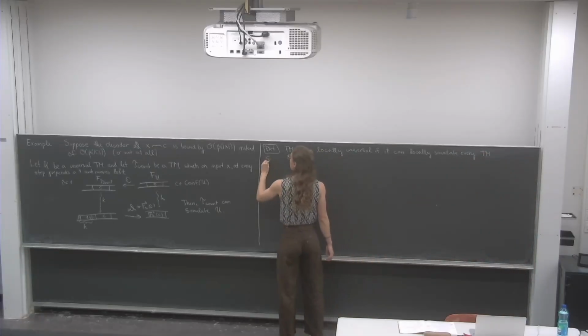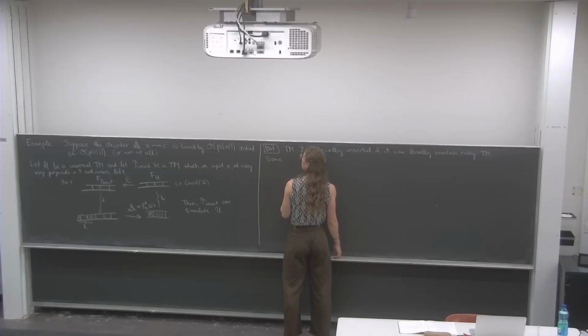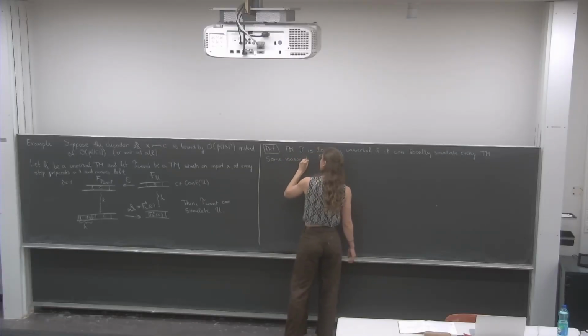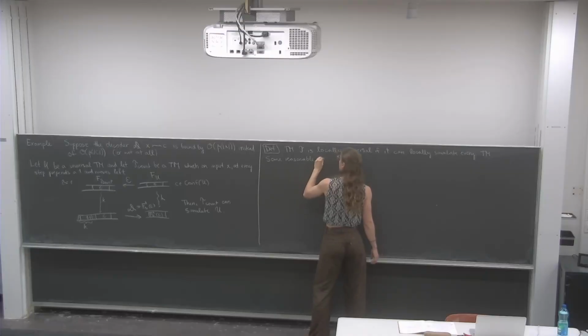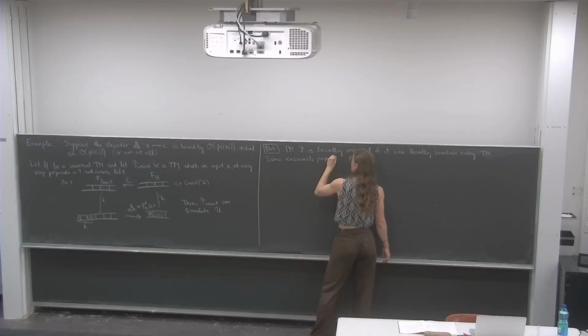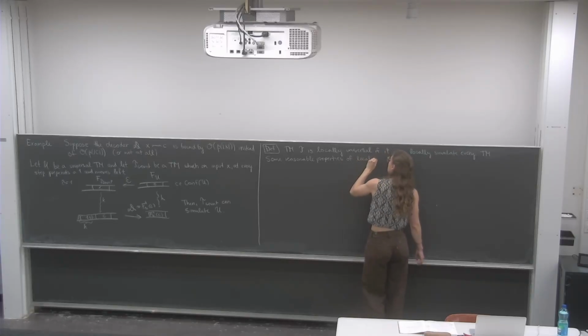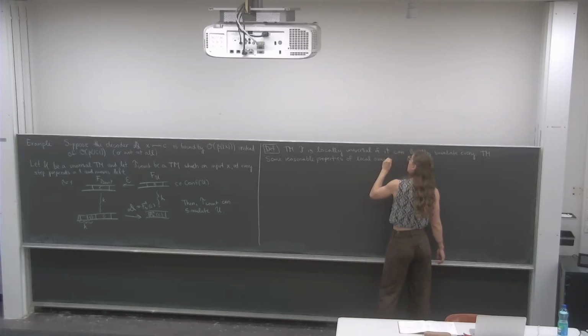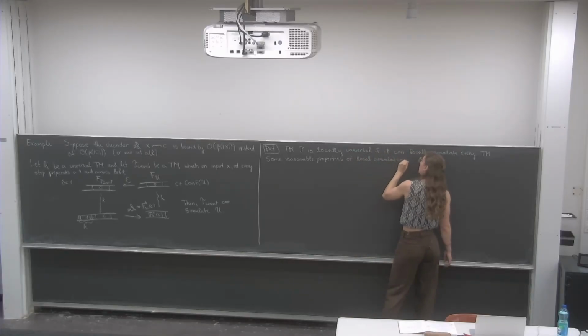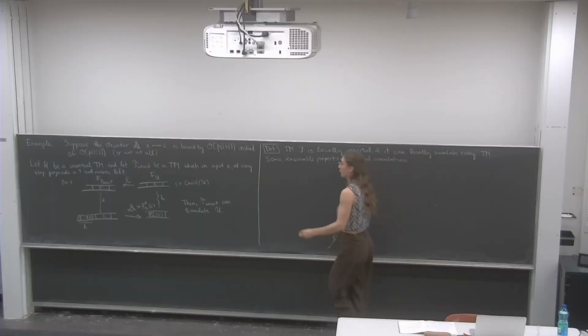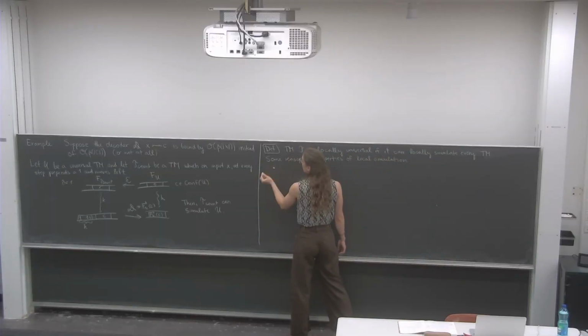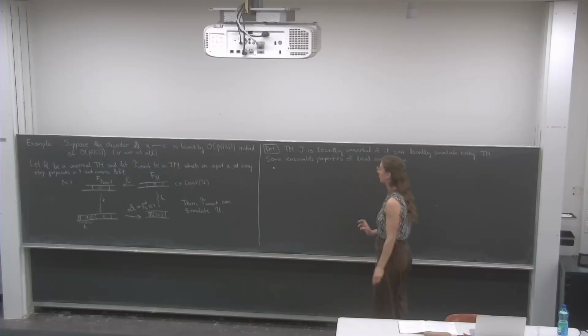So what should be some reasonable properties of local simulation? It should be transitive and reflexive. That would be quite nice.